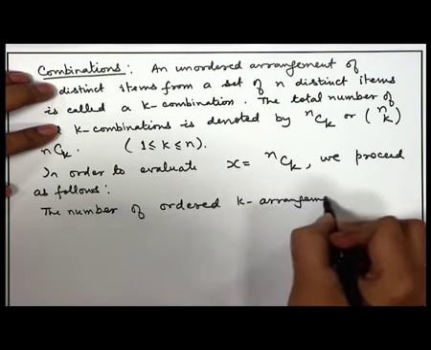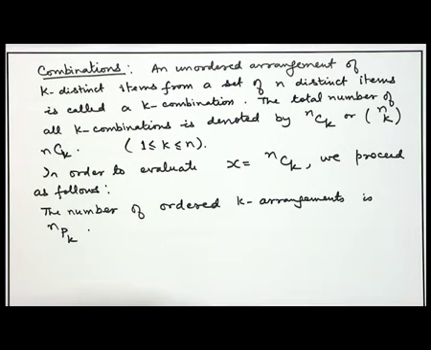Now, for these k things, there are k factorial such things, but now if we say that ordering is not important, then all of these things will be considered same. So, for example, if I say A B, so A B and B A, they are distinct if I am considering ordered permutation, but if I consider unordered, then A B and B A are the same.